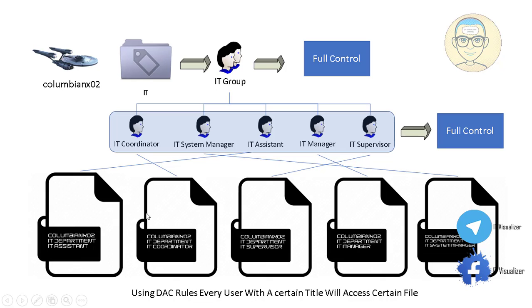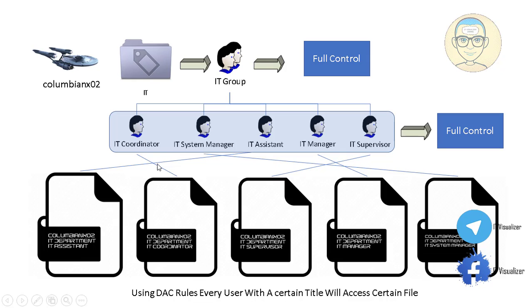And this doesn't mean that I need to put every user to give him rights on the folder. No, I'm just using his attributes to control his access to the files. So if I have 7 or 8 IT coordinators, I don't need to open every file's properties and give every user access to this file.